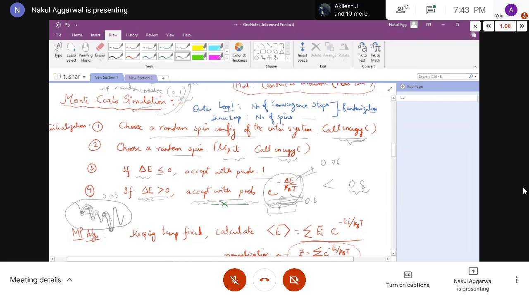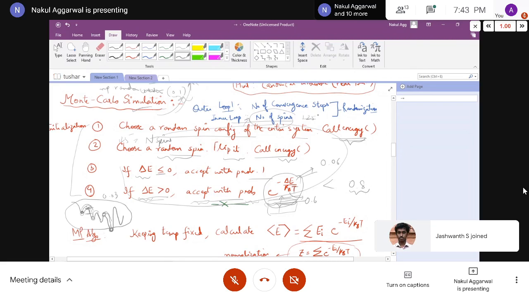So these are the main Monte Carlo simulation steps. Remember, this was done for one spin. There are n spins in the system. So your inner loop is the number of spins. If there were, let's say, 125 spins, this entire loop will work 125 times.